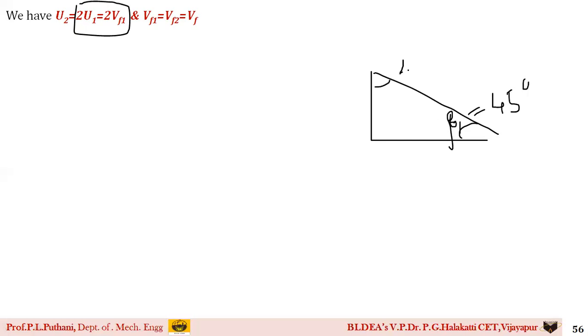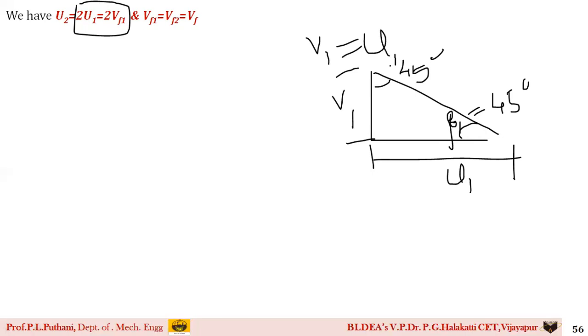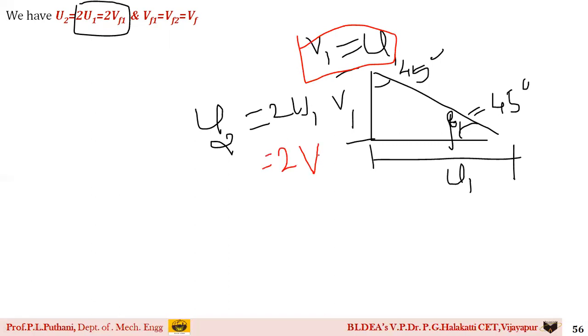So automatically even this angle is also 45 degrees. Therefore this is the value of U1, and we have the same side for V1 also, which means V1 is equal to U1. The statement says that U2 is equal to 2U1, and using U1 equal to V1, that is 2V1, and this V1 is also equal to the flow velocity here. Therefore it is equal to 2Vf1 also.